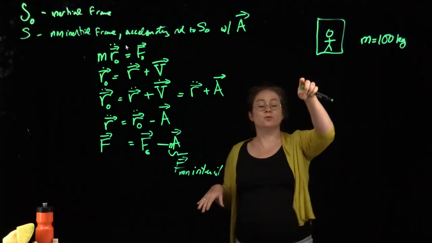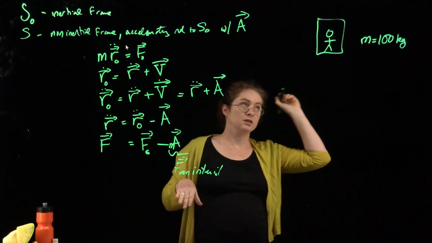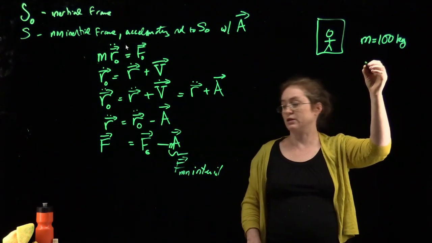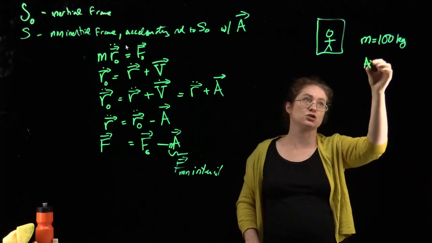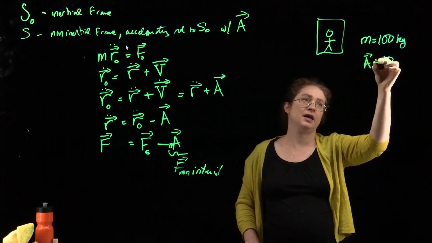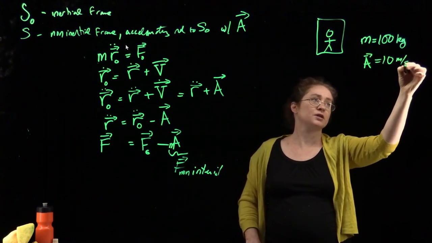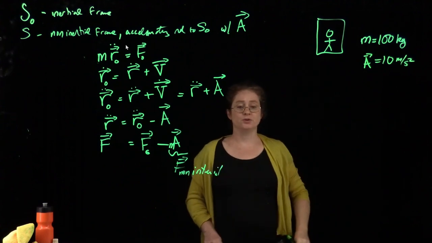So here, if you are on a scale, and let's just choose an acceleration of 10 meters per second squared. I like using round numbers.